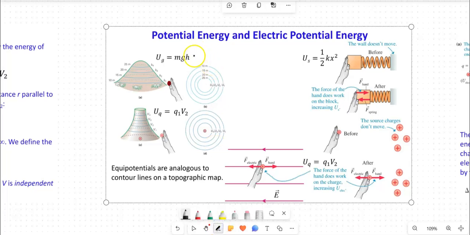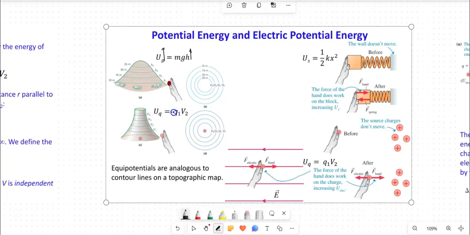The mass is unchanging, and since the height is increasing as you move it uphill, the potential energy is going to be increasing. If the height is decreasing, the potential energy is also decreasing.